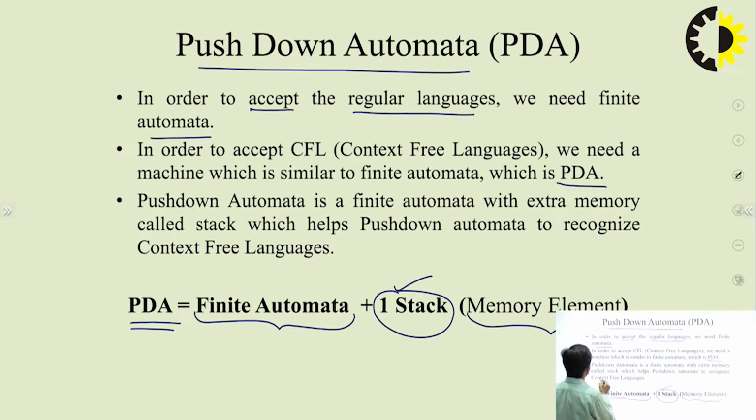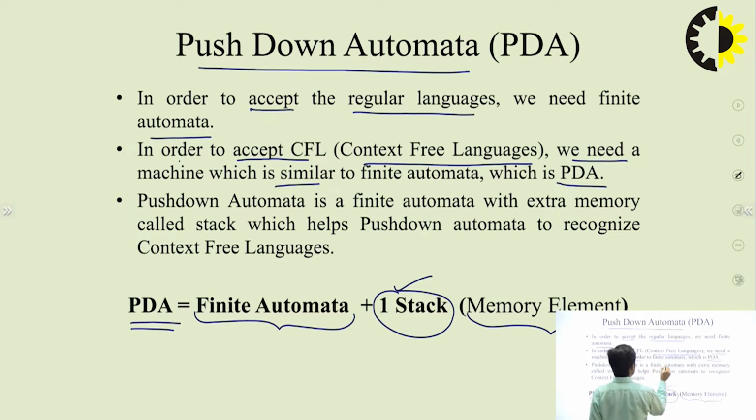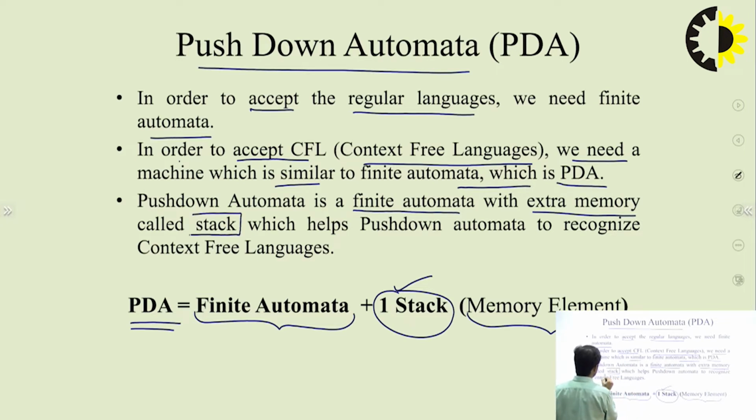So in order to accept the CFL, context free language, we need a machine which is similar to finite automata. Push down automata is a finite automata with extra memory, and that extra memory is the stack.